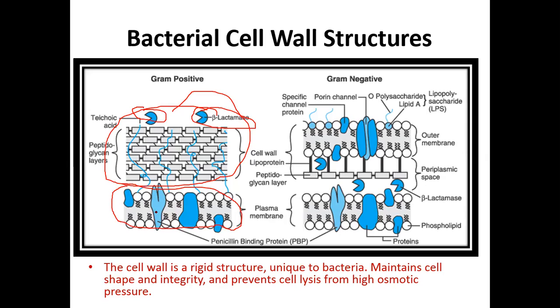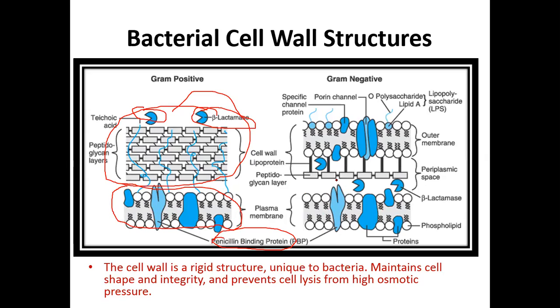And on this plasma membrane is where we do find the penicillin binding protein. Now, this penicillin binding protein, which is also, of course, available on the gram-negative organisms, is the one responsible for the synthesis of the peptidoglycan layer.